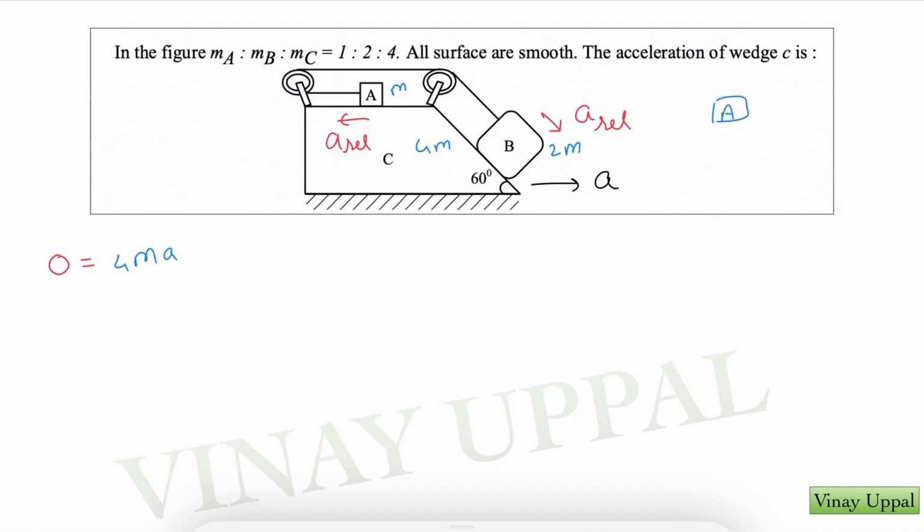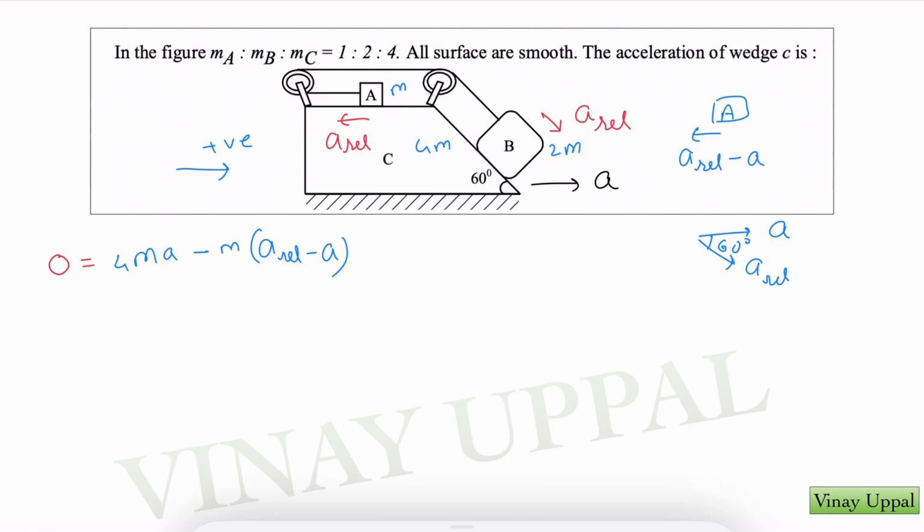What is the acceleration of A in the ground frame? A relative minus A to the left. So that will be minus mass m times (A relative minus A). The negative sign is because I'm writing down the net force in the positive direction, which is taken to be the rightward direction. And what is the acceleration of B in the ground frame? So acceleration of B is the resultant of this A relative and A. And this angle is 60 degrees.